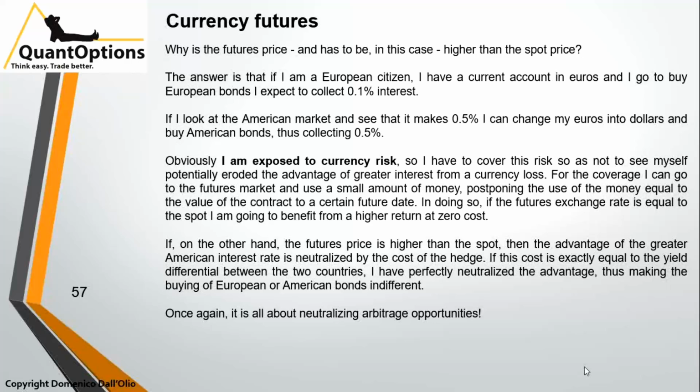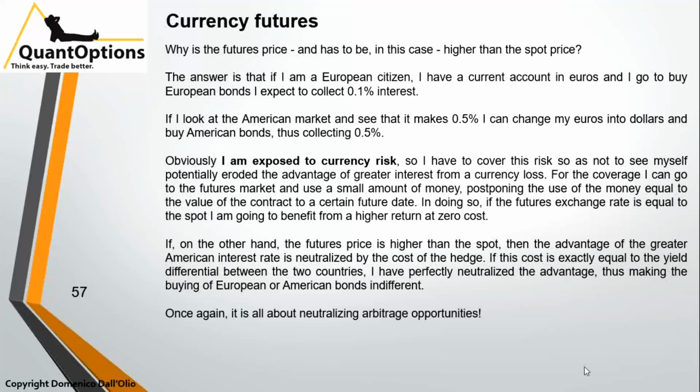If I look at the American market and see that it makes 0.50, I can change my euros into dollars and buy American bonds, collecting 0.50. But obviously, I am exposed to currency risk, so I have to cover this risk so as not to see the advantage of a greater interest potentially eroded by a currency loss.